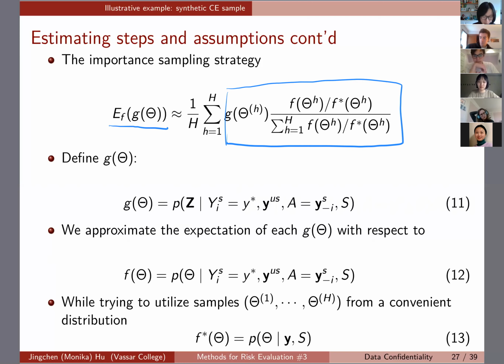So the key here now is, how can we make this work? I put the G for you in this case. Our G will be what we're trying to estimate.